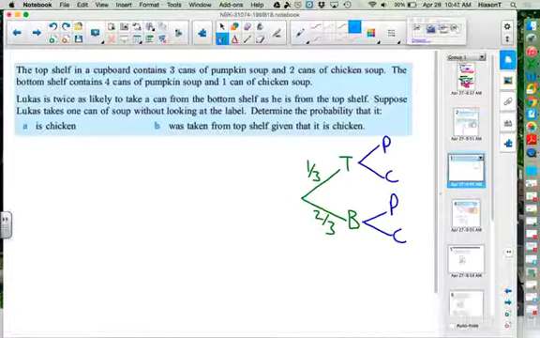Yeah, 3 out of the 5 cans is pumpkin, right? So assuming he's not looking and just pulls one at random, he's got a 3 in 5 chance of picking a pumpkin. So then what's the probability he picks a chicken soup? 2 out of 5.